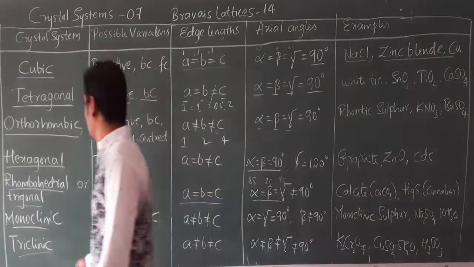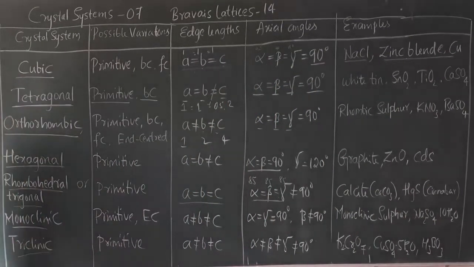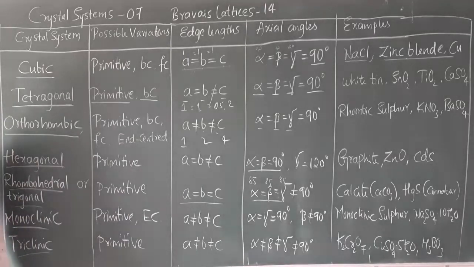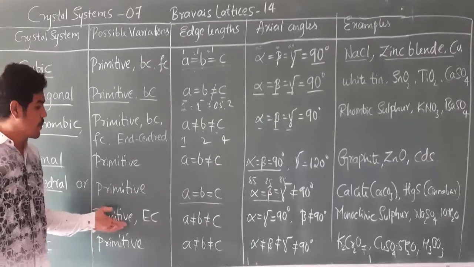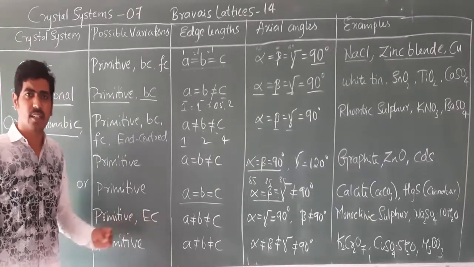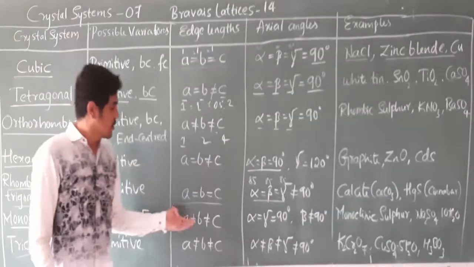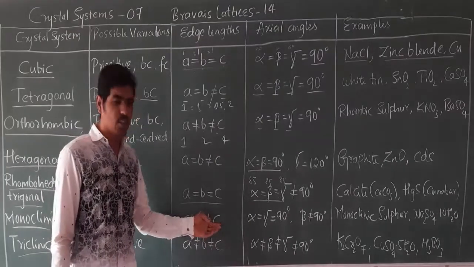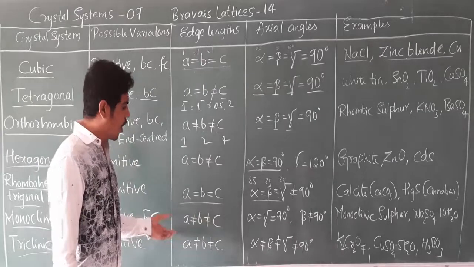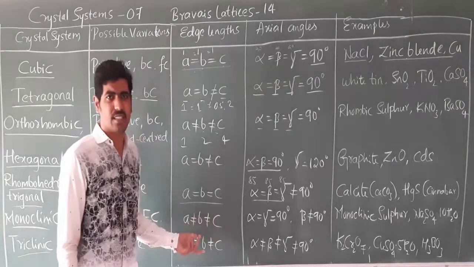Then the sixth one is monoclinic crystal system. So here the possible variations that can be found are primitive and end-centered. And the edge lengths are A is not equal to B, B is not equal to C, means all have different lengths.